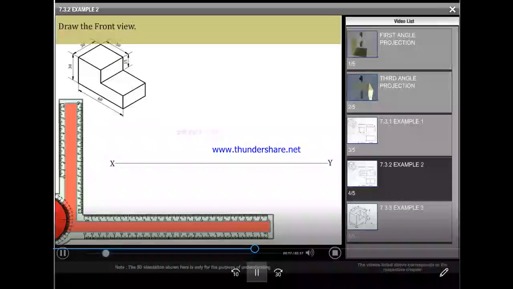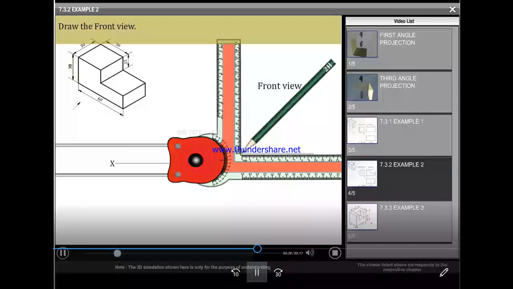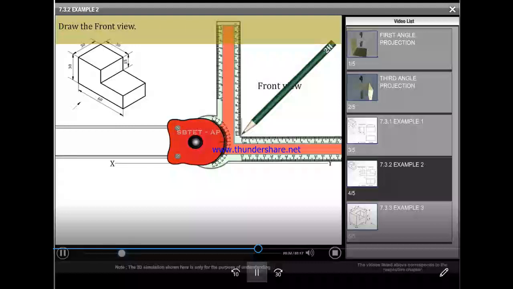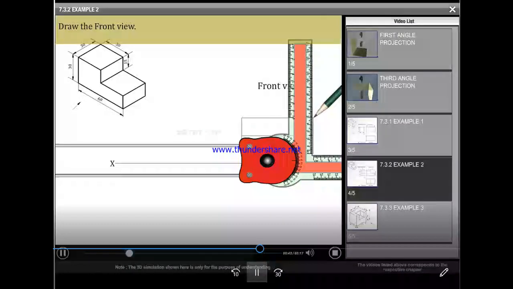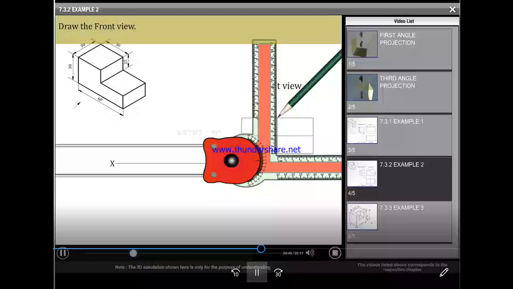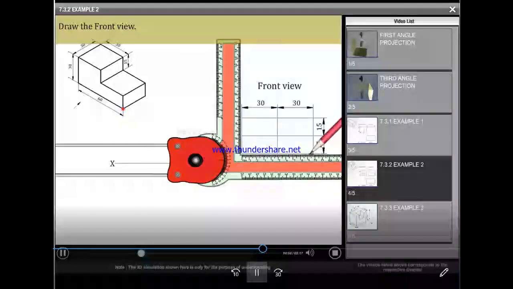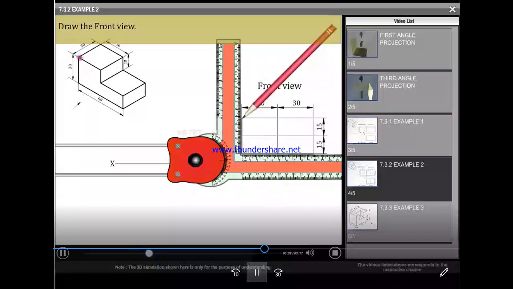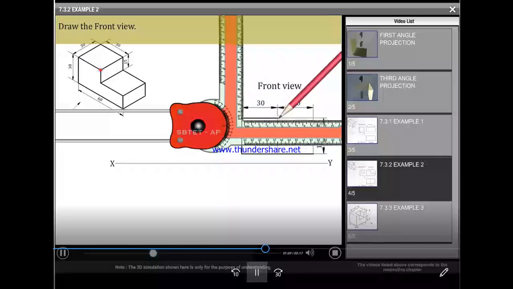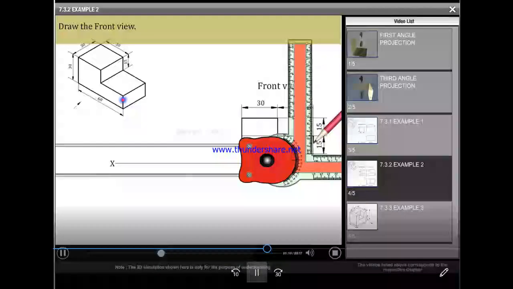Draw the front view showing the front surface of the object, conveniently representing some of the dimensions. This is the front view.